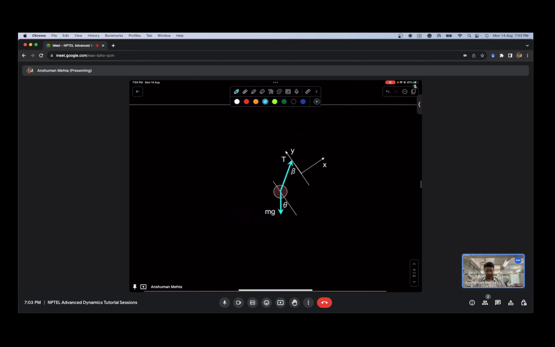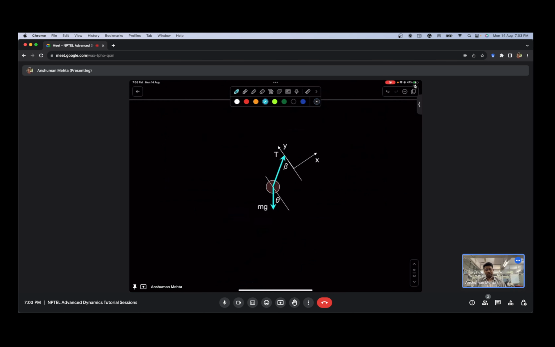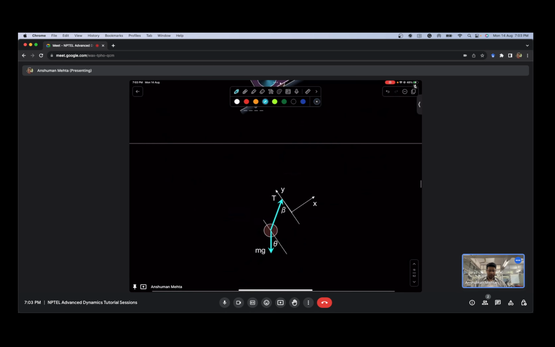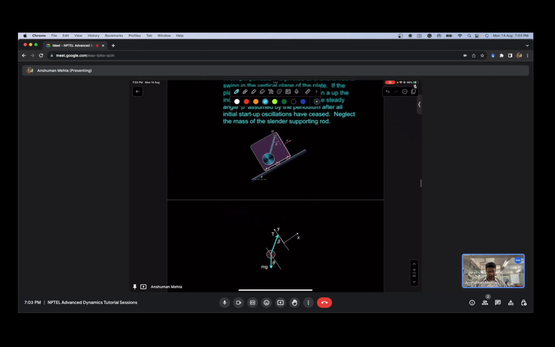So we have this steady state FBD. When everything is steady, the vibrations have died out, so this will be the case. Yes, you can make a correlation between them.